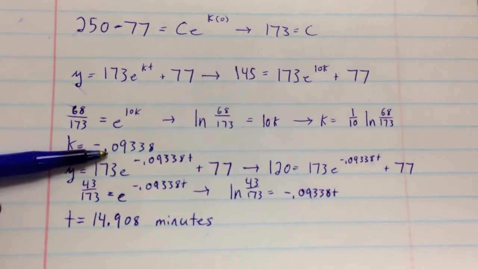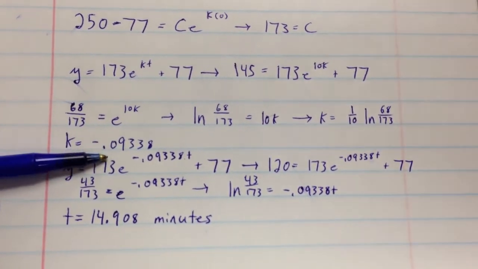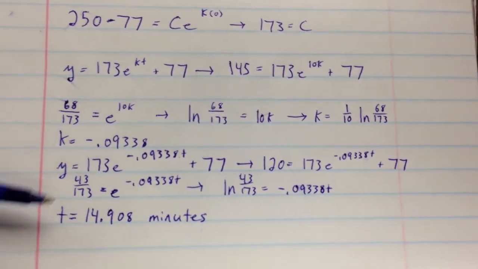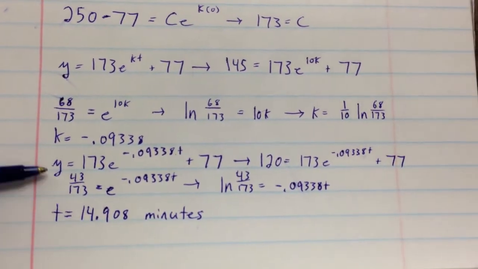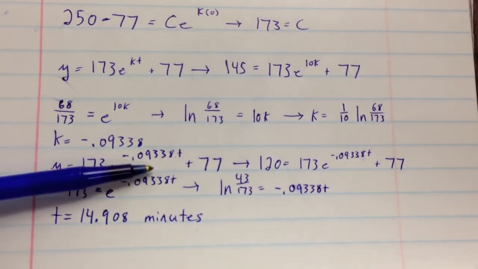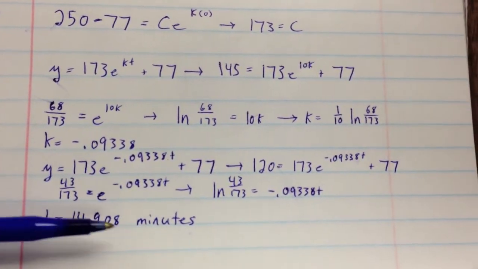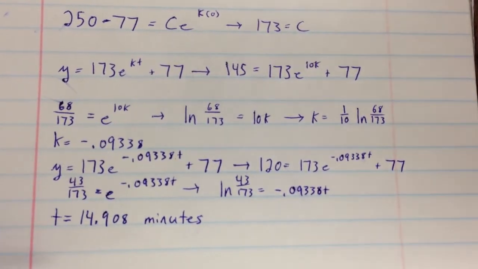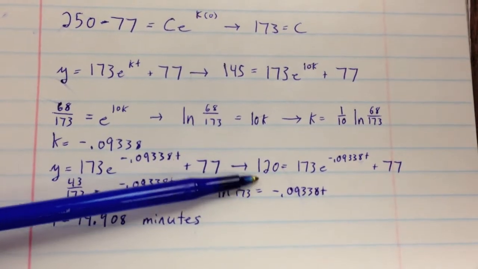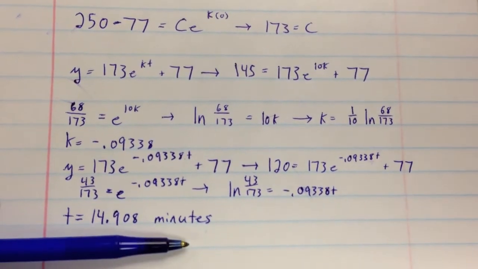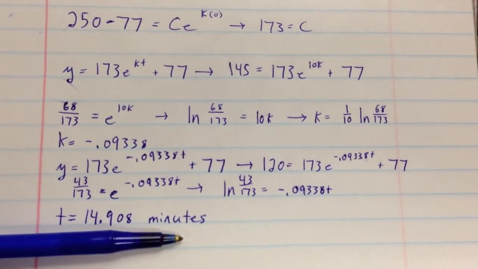So k is negative 0.09338. We plug that in. We get y equals 173 times e to the negative 0.09338t plus 77. We're going to plug in y as 120 and then solve. Once we solve all that, we find t equals 14.908 minutes. That's about 15 minutes.